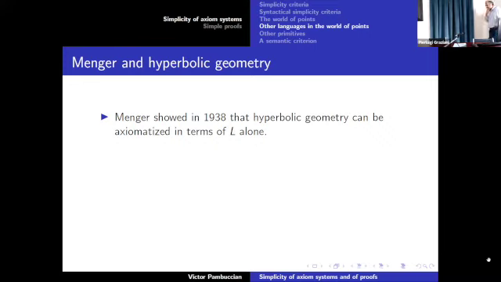Now, let's look at another single ternary relation that works as a single primitive notion for a geometry. If we look at hyperbolic geometry, Menger showed this in 1938, and then when he went to the University of Notre Dame, he found students who simplified his axiom system.